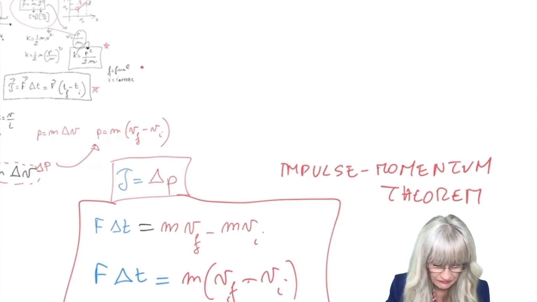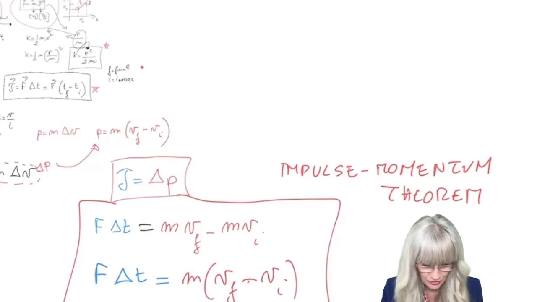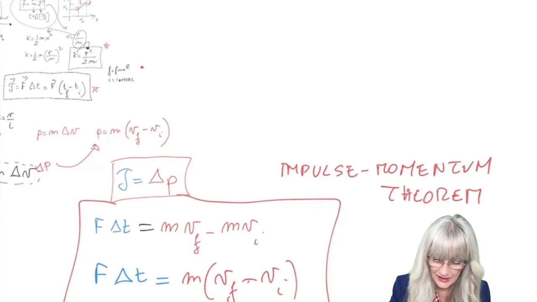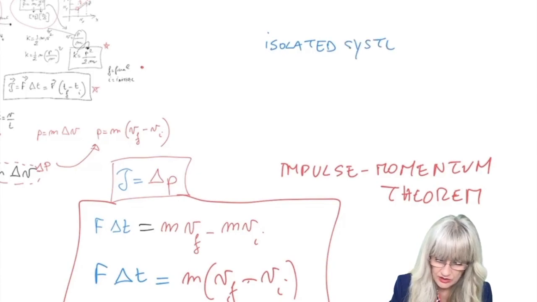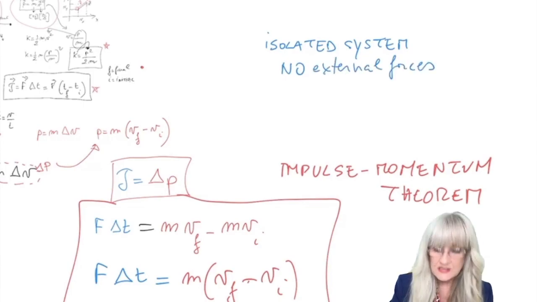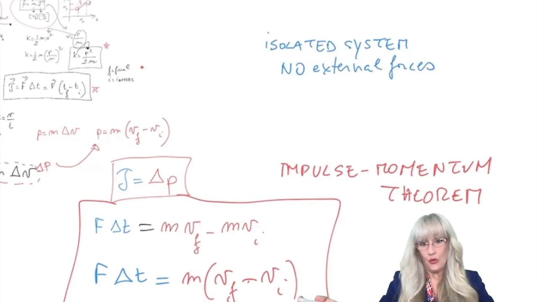The last information I want to give you is about an isolated system. What does isolated system mean? It means that on this system there are no external forces acting. What does it mean?